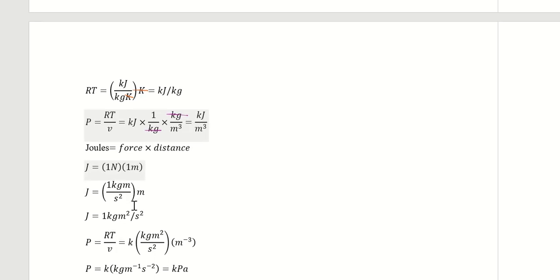The unit of force is 1 Newton, and the unit of distance is 1 meter. So joules is equal to one Newton meter.